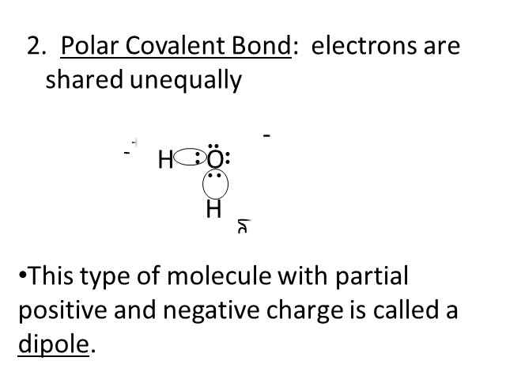It has what we call a partial positive charge. So that's what you can see here. We have our partial negative around the oxygen, and each hydrogen has a partial positive charge, because of the way the electrons are being shared. So this is a dipole, where we have a positive and a negatively charged end of a molecule.